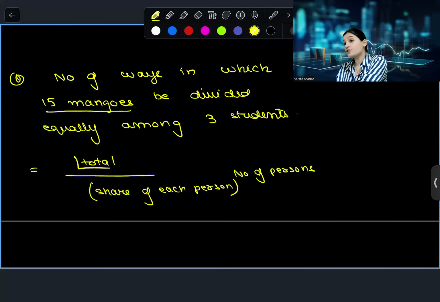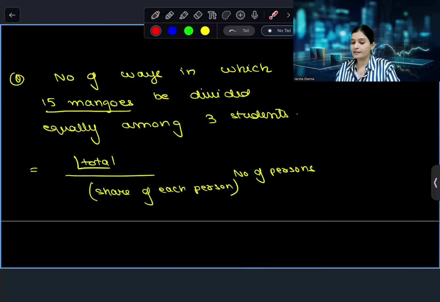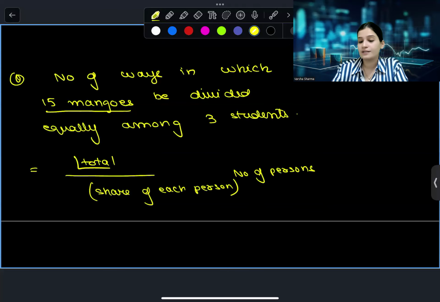Only in the case when the objects that you are talking about are identical in nature can we use this. Am I clear on this formula? Yes, ma'am.